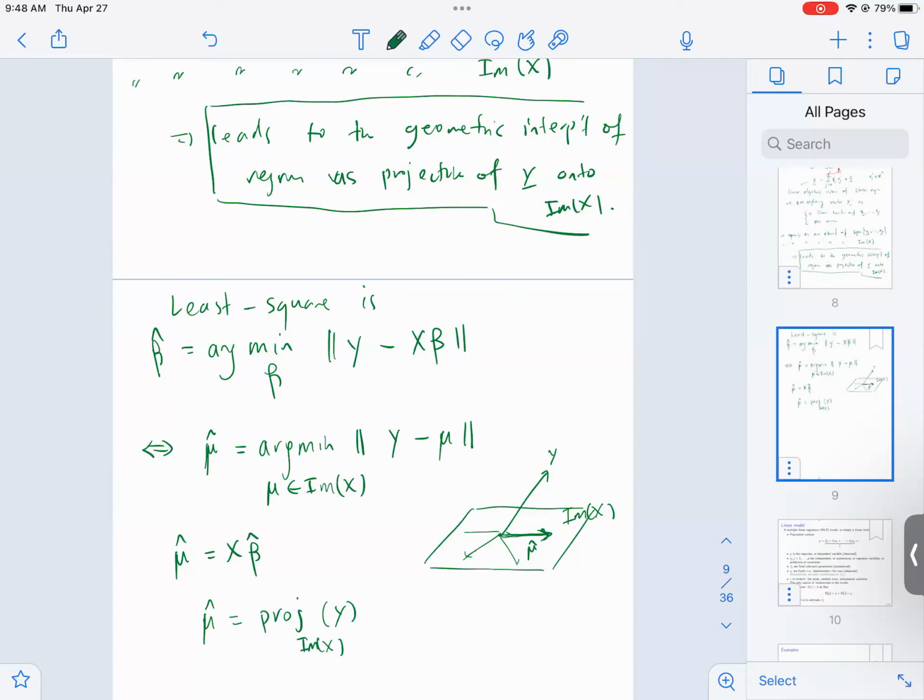So now let me ask you how much you remember of projection. Can I say something about this mu hat? How do I find the mu hat, let's say, geometrically? What are the properties of mu hat?